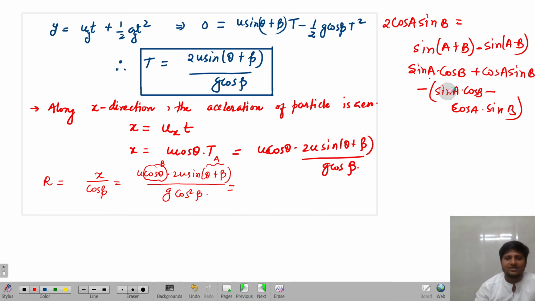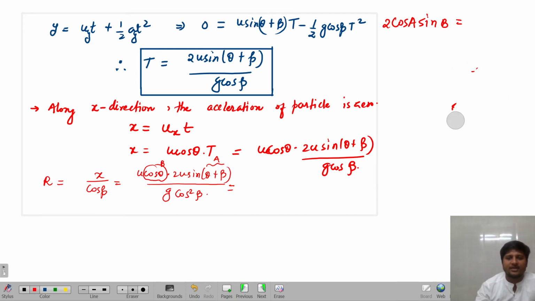Or what we can do directly is change these angles. If you take 2 sine A into cos B, you will have to write the formula sine A plus B plus sine A minus B. This is correct.